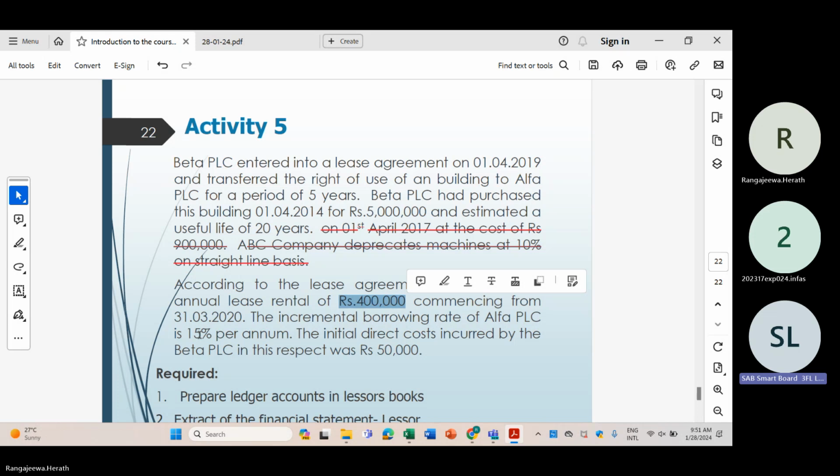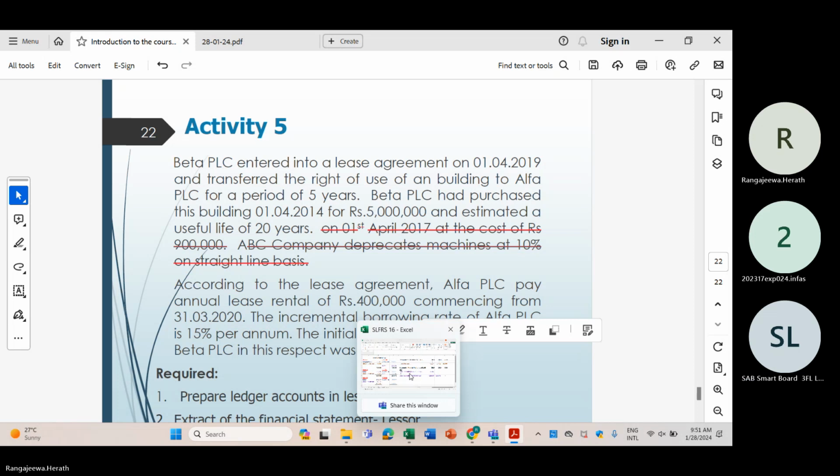Lessor ට අදාළ වෙන්නේ lessor ගේ building එක තියෙනවා 20 years, you have to depreciate it. You can keep the building account and depreciate it. The lease rental 400,000 is charged to P&L. The initial direct cost 50,000, you don't charge to P&L directly. Defer over 5 years for the lease.